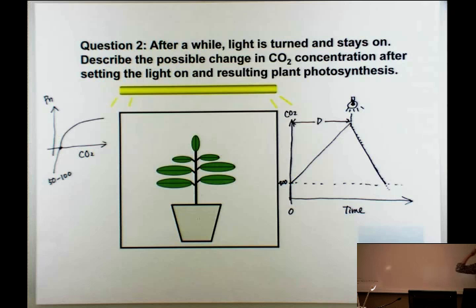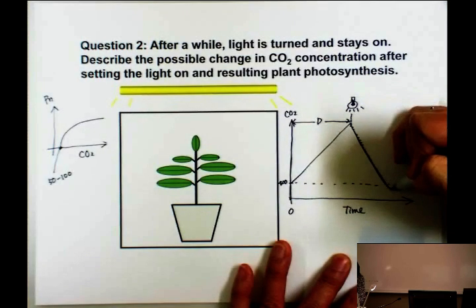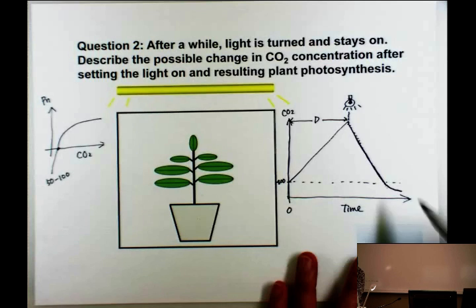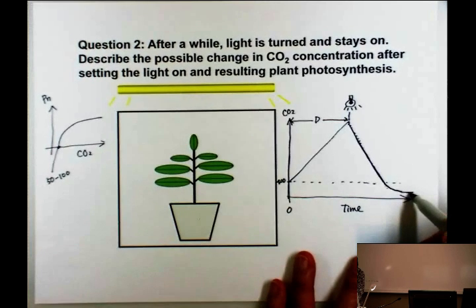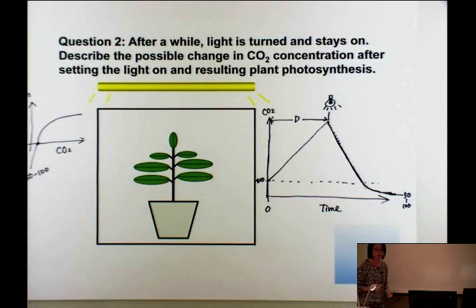So the curve may be like this, slowing down as CO2 gets lower and lower, and then stabilizing. This is probably 50 to 100, depending on the species' compensation point. Good.